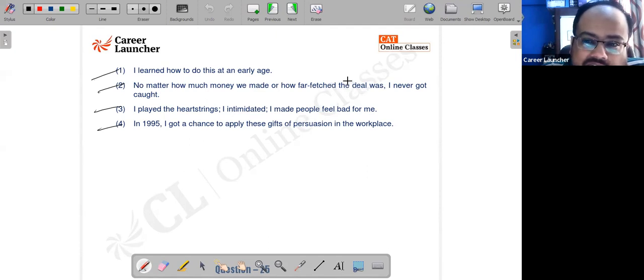Akshit 26th is a different answer. Ujjwal different answer, 26th different answer. Ritika correct, 26th correct.